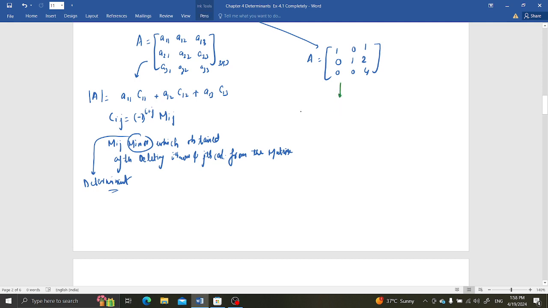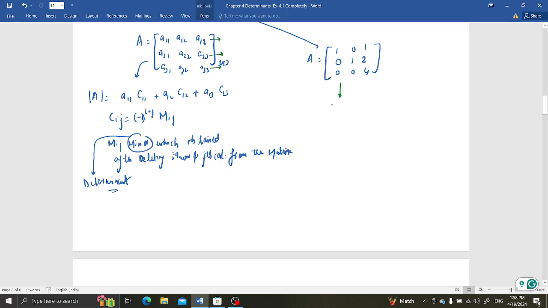One more thing I need to add here: the determinant of A along the first row, second row, third row, or first column, second column, third column remains unchanged. That is, if you are finding determinant along the first row, second row, or third row, all values are the same. So it means that for any matrix, the determinant value is always unique. We don't have two values of determinant for a given matrix. For each matrix we have a unique value of determinant.